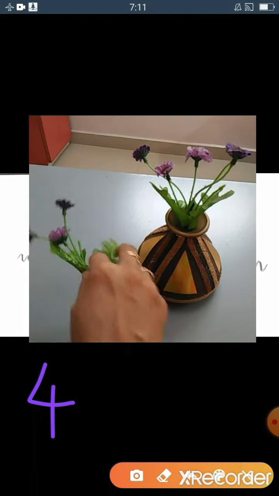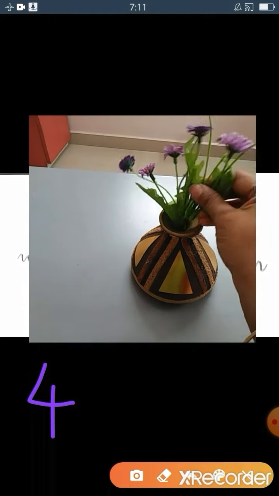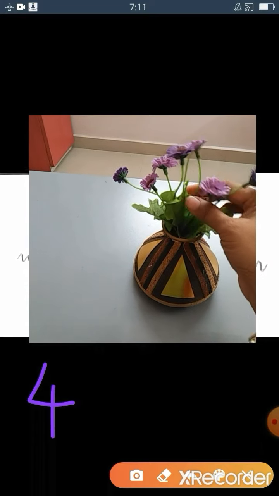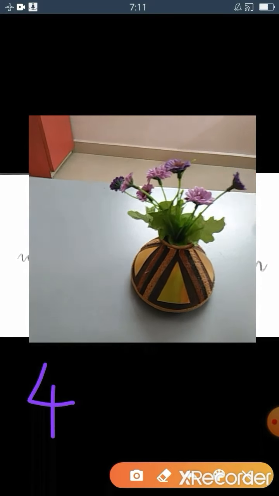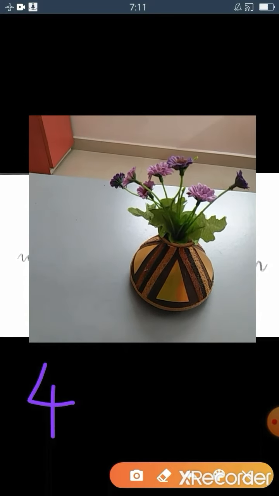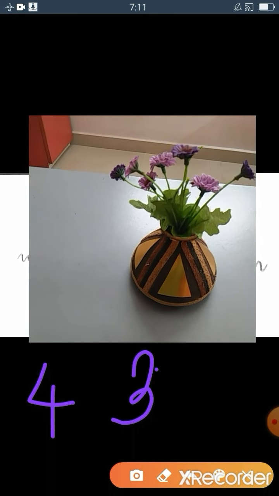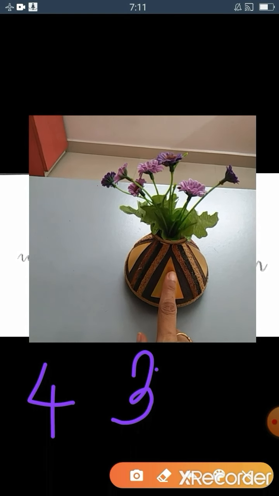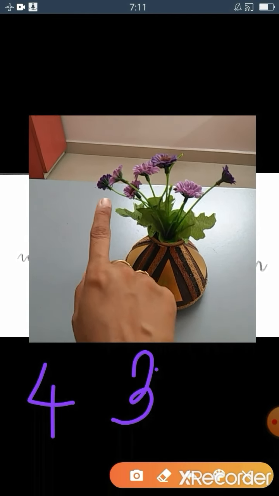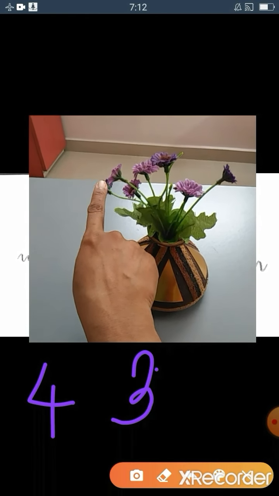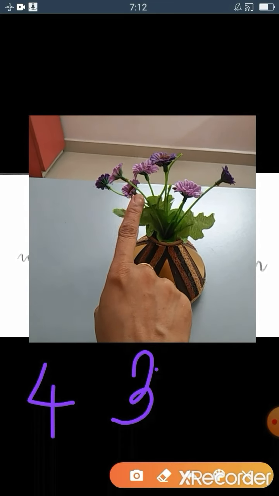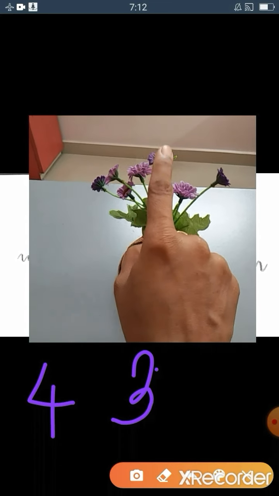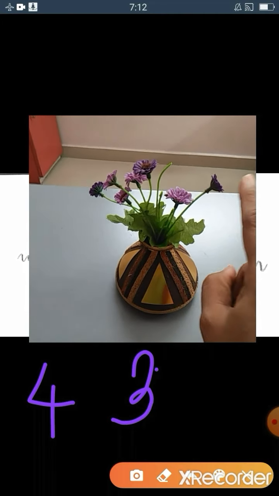Now I am putting this bunch in the vase. So now, how many flowers have I put, children? 3 flowers I have put. So if we count the total number of flowers in this vase, how many will it be? Just count with me. 1, 2, 3, 4, 5, 6, 7.